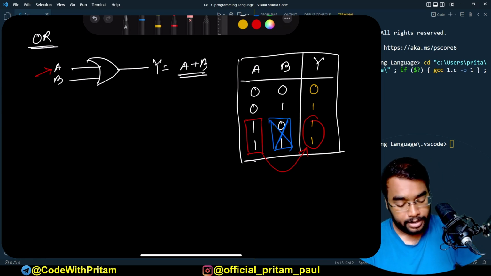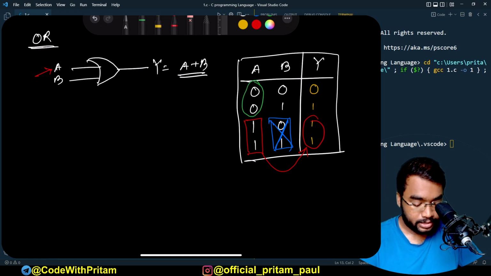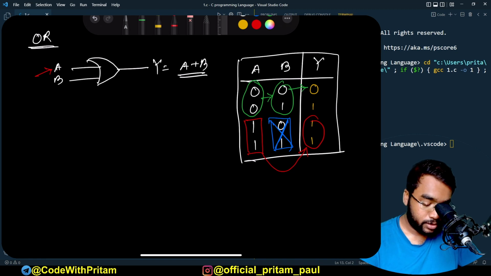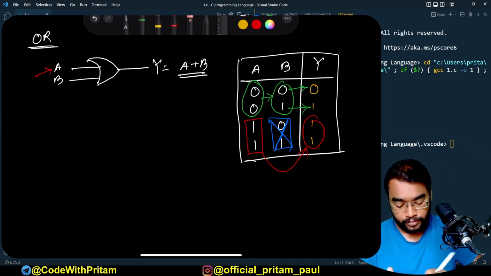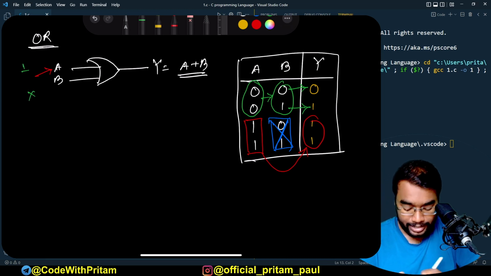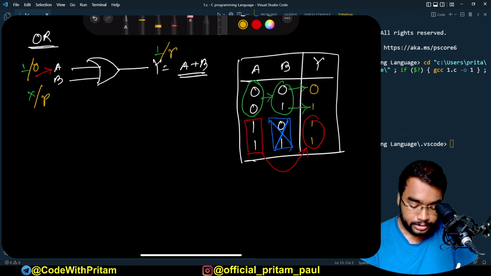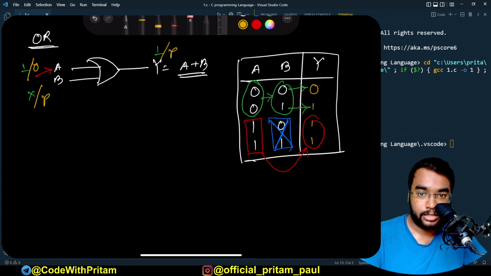Clear? But when we have 0, we need to check this way. If B is 0, the output is 0. If B is 1, the output is 1. This is the logic which we are going to implement here as well. If A is 1, whatever B is doesn't matter, Y is 1. And when A is 0, we check whether B is 0 or 1. If it is 0, the output is 0; if it is 1, the output is 1. This is the logical OR gate.